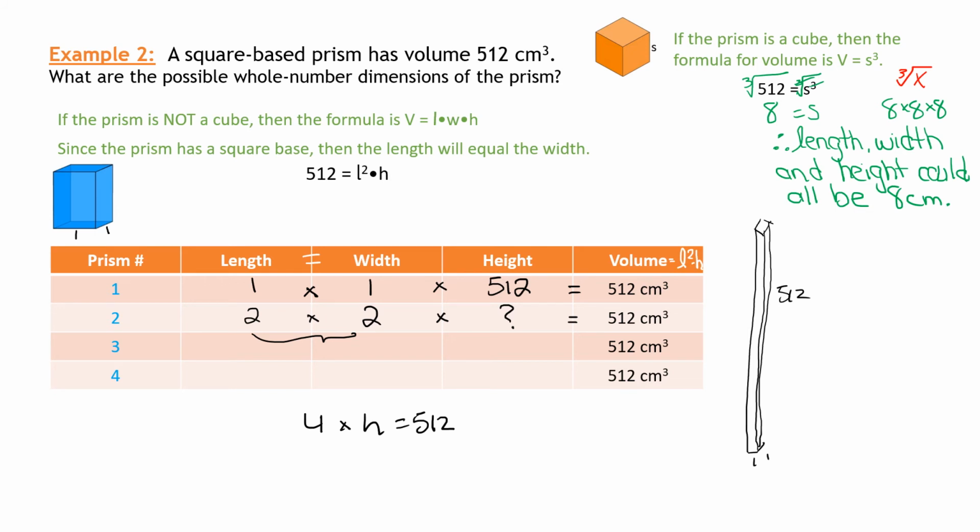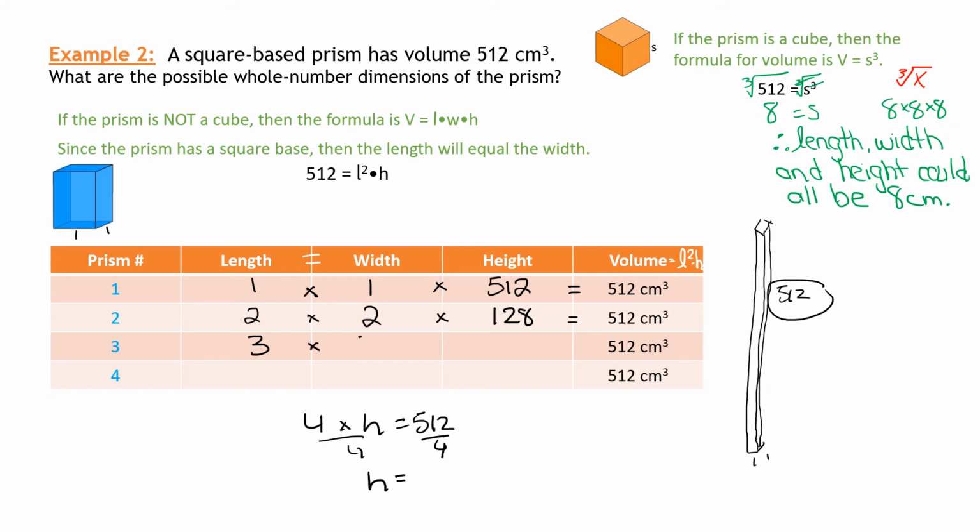I'm going to divide both sides by 4, and that will give me a value for my height. So we get 128. Let me erase all this and put in 128. So there's another option, which would be a lot shorter than this one, right? A much smaller box.